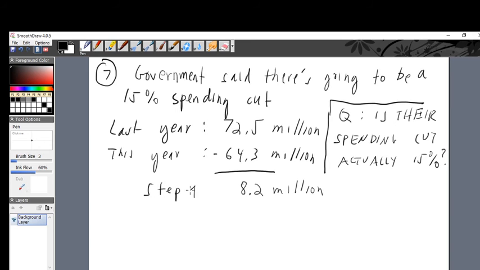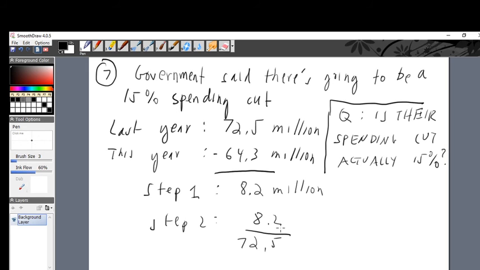Here comes step 2. Step 2 is we take the 8.2 million and divide it by the old spending money, the 72.5, and we want to see how much percent. This will tell me how much percent of the 72.5 is 8.2.